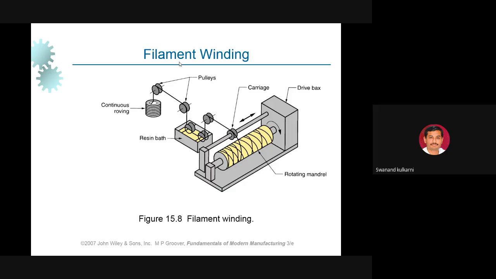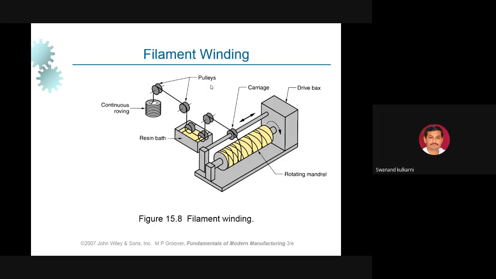So here you can see, as shown in this filament winding process, the continuous winding; that means two pulleys are present here as shown. On these pulleys, this continuous roving process will happen.